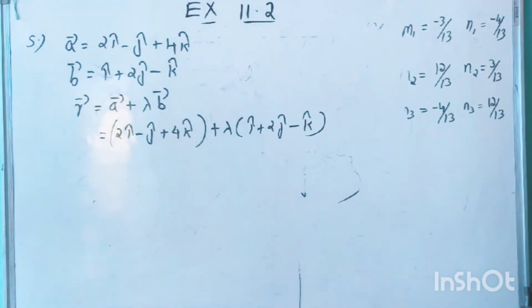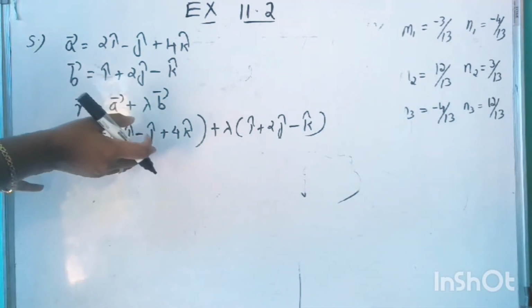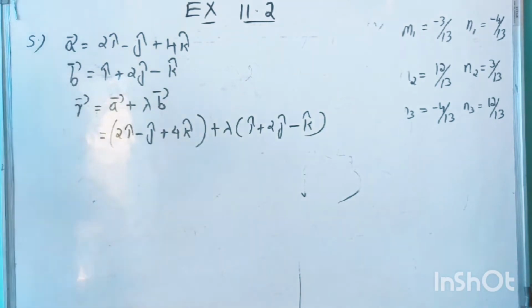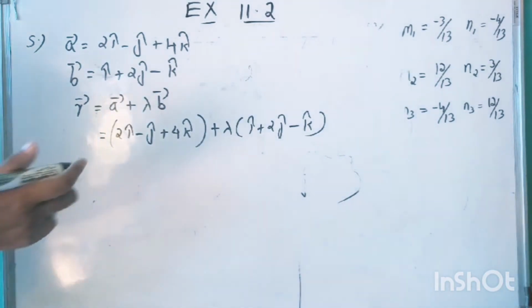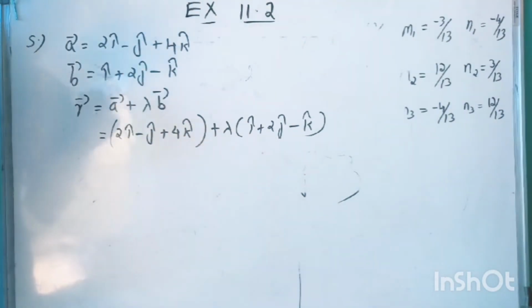This is our vector equation. And now we need to find out the Cartesian. Either you can find that Cartesian equation from this directly by taking R vector is equal to xi plus yj plus zk.